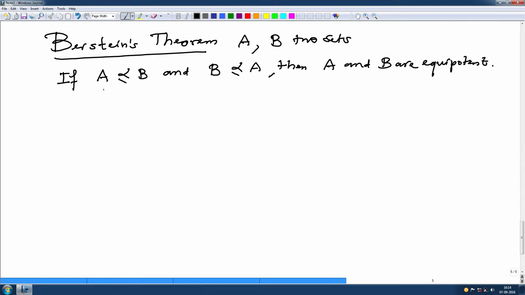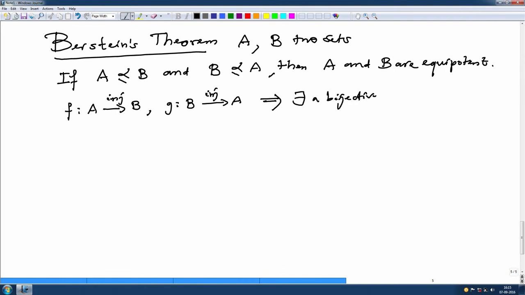In other words, if there is an injective map f from A to B and there is an injective map from B to A, then there is a bijective map from A to B. This means the cardinality of A equals the cardinality of B, or A and B represent the same equivalence class.